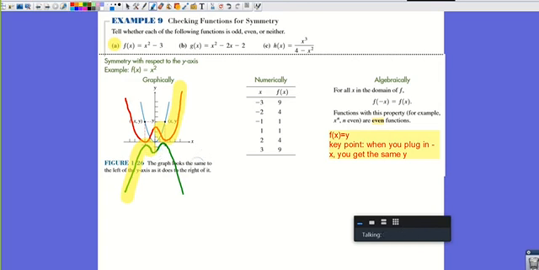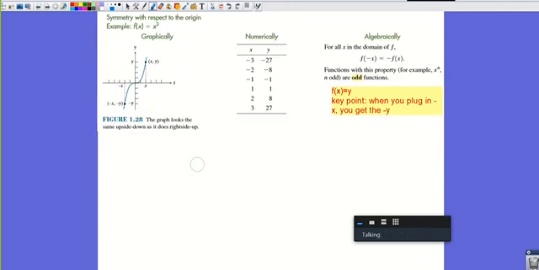Now, odd function, you have to do two reflections. This is an odd function because if you reflect it across the y and then across the x, then you will get the same thing.